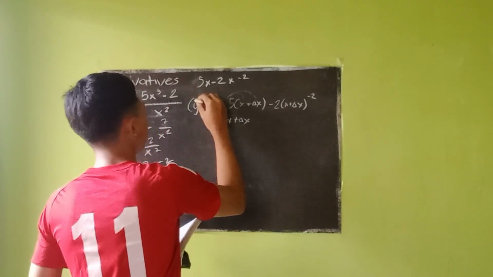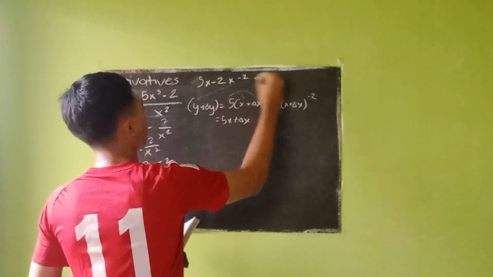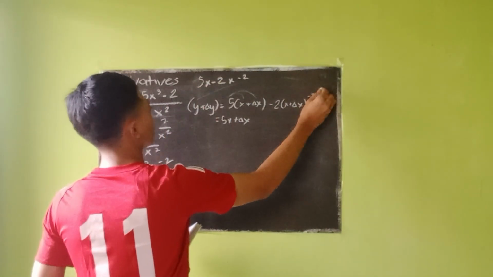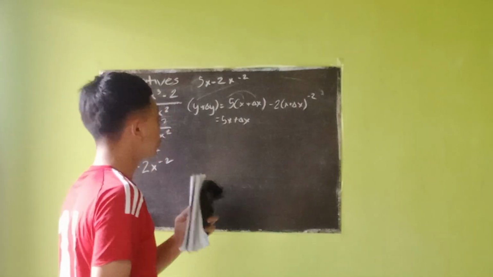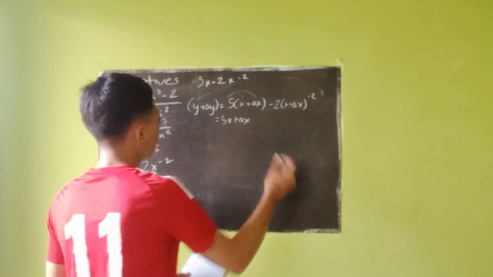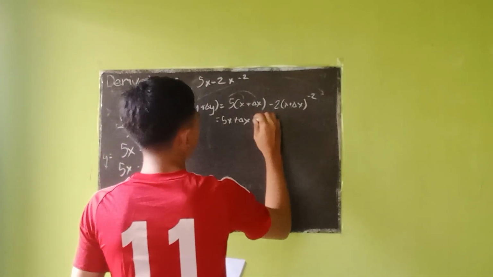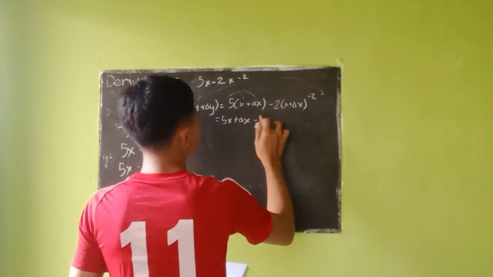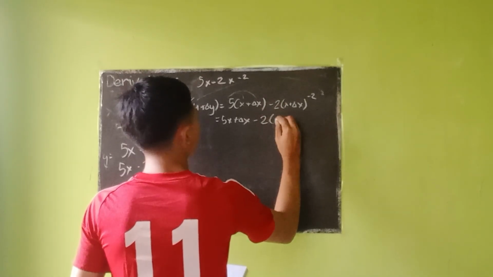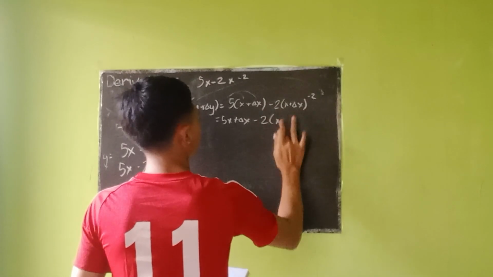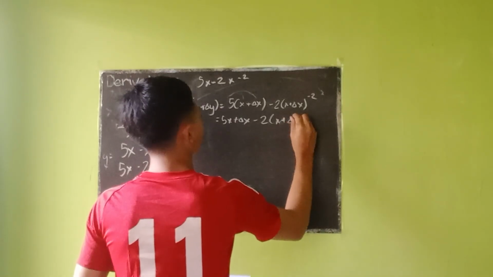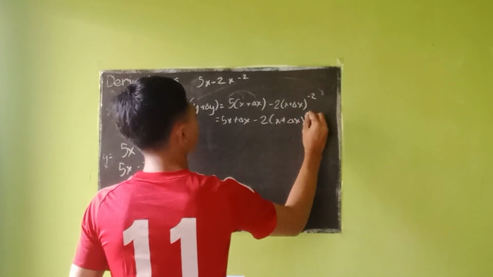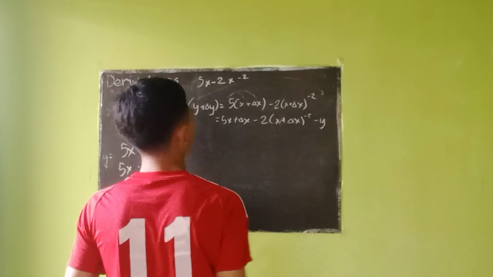Then after that, you have to move the y to the other side, which also makes it negative y. So let's write it down. 2 over x plus delta x squared minus y.